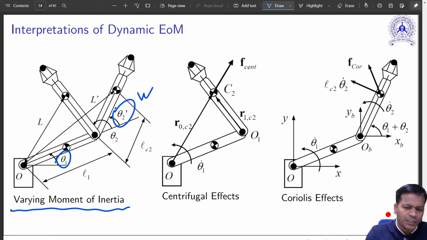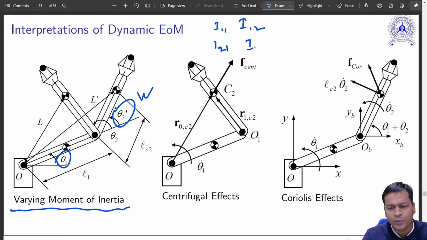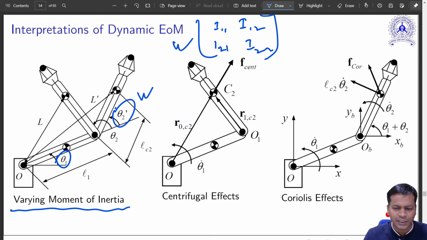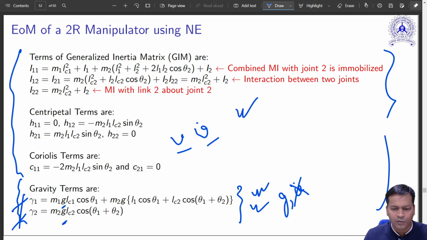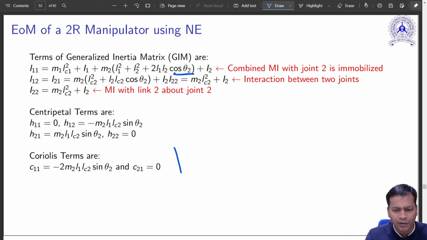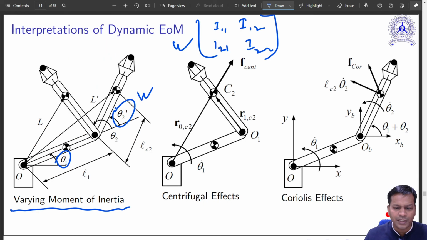So the system inertia matrix I11, I12, I21, I22 keeps on changing. You see, it has terms which involve the cosine of angle. Since angles are involved, these terms are variable as the robot moves.